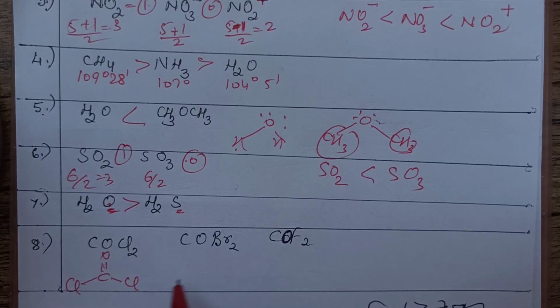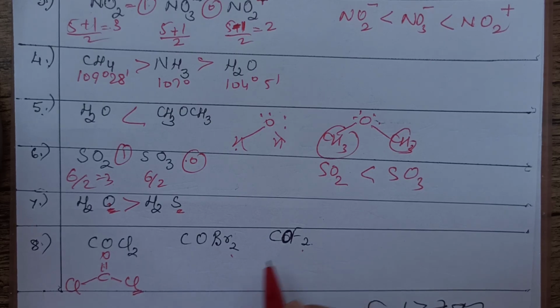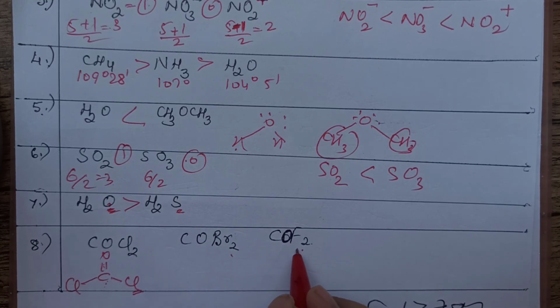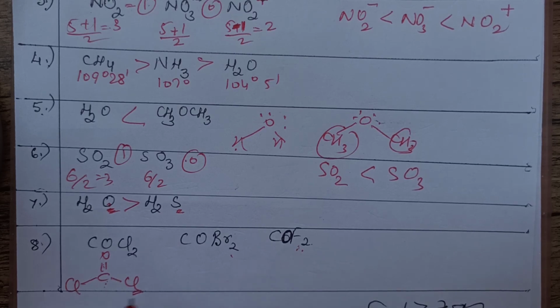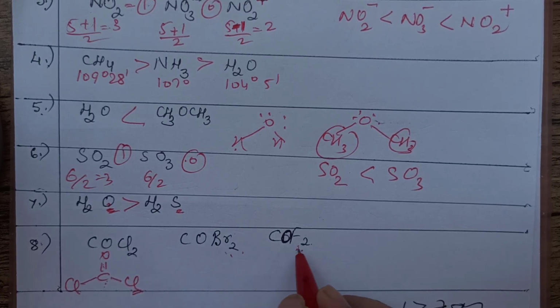So in all it will be the same, but instead of chlorine here it will be Br and here it will be F. Right? So the central atom is the same in both. When the central atom is the same, we have to check the electronegativity. Hybridization is same. Lone pair on the central atom is same. And the central atom is also same, but the surrounding atom is different. Here it is chlorine, here it is bromine, here it is fluorine.